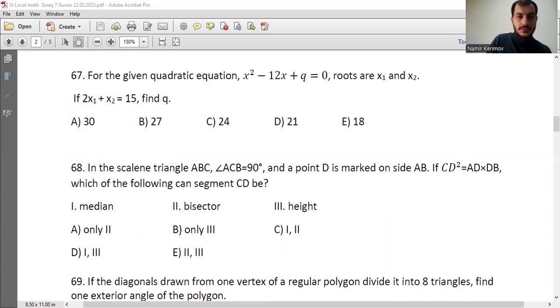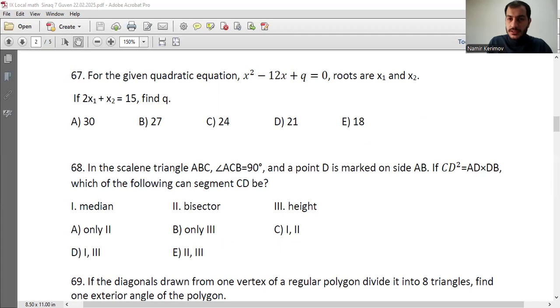Okay, in 67, for the given quadratic equation, the roots are x1, x2. Here we can say x1 plus x2. I want to show the sum of roots because from that equation, we can say that the sum of the roots is negative b over a.